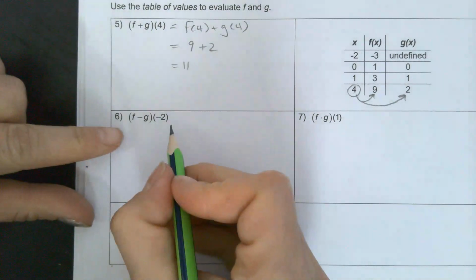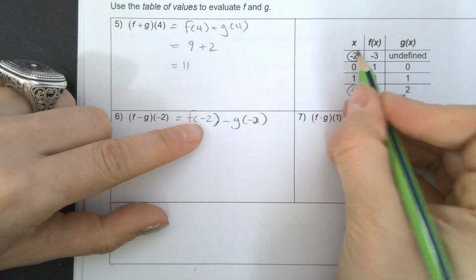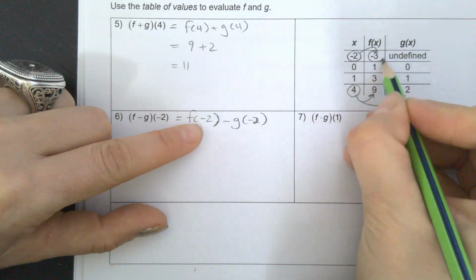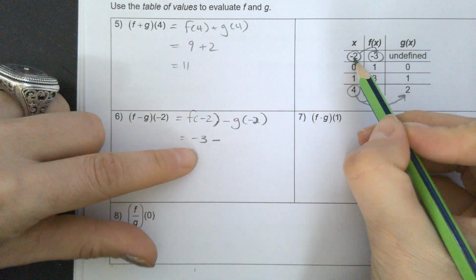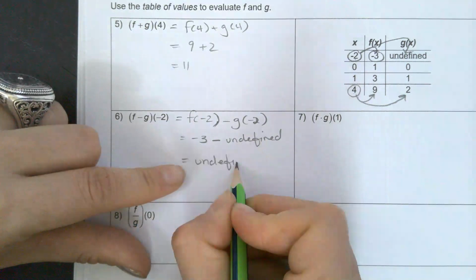Well, let's look at subtract. f of negative 2 minus g of negative 2. So if x is negative 2, f of negative 2 is negative 3. And g of x is undefined. So that means our final answer is undefined.